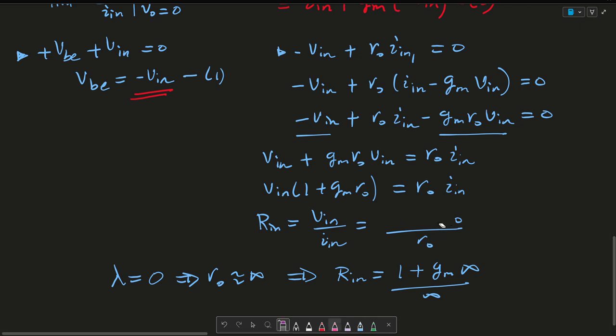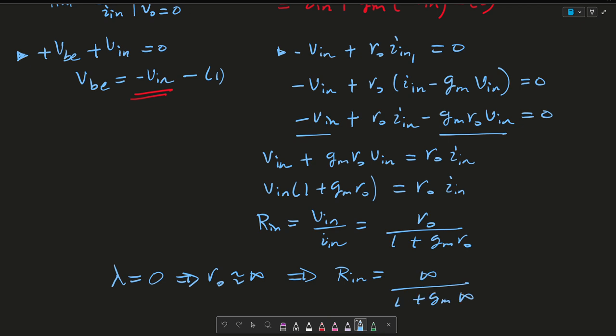This should be opposite. So essentially, this should be RO over 1 plus GM RO. And on the bottom here should be infinity, 1 plus GM times infinity. As a result, this cancels out. So then this is approximately 1 over GM.